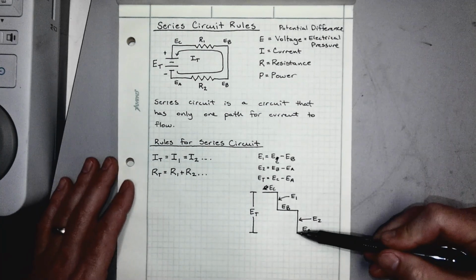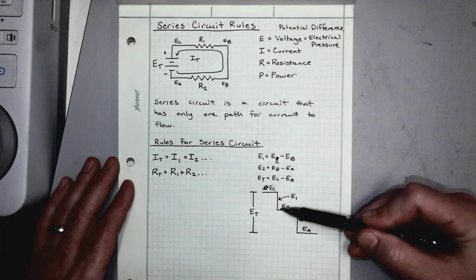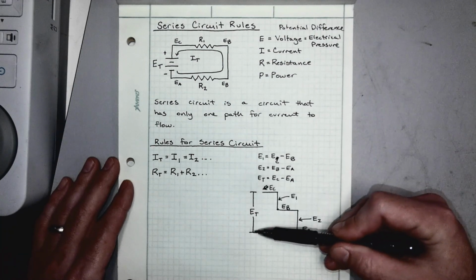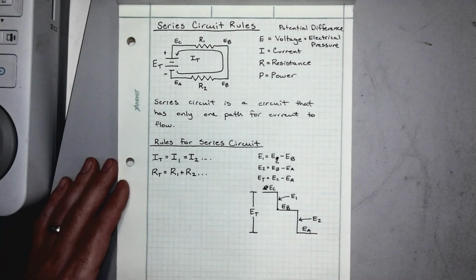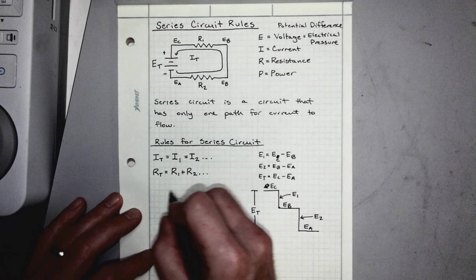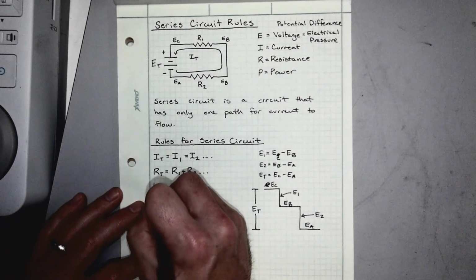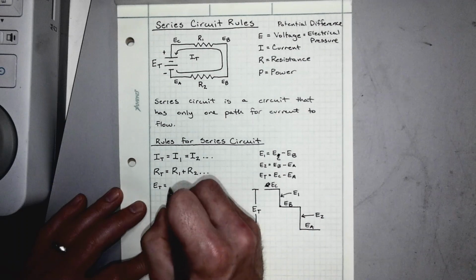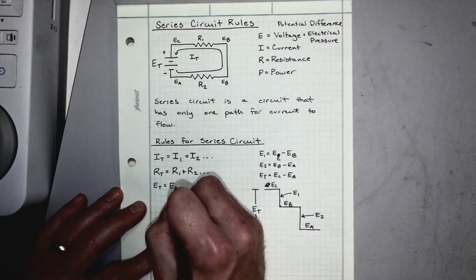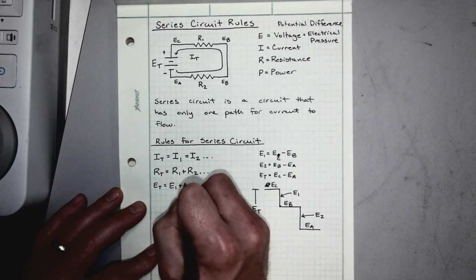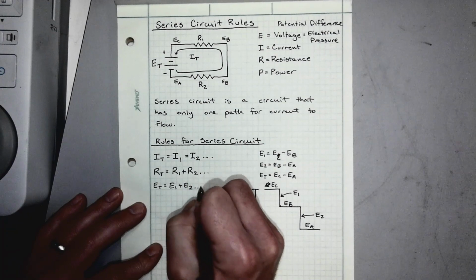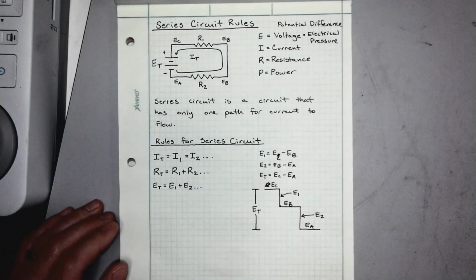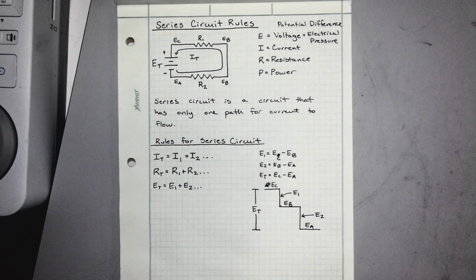And then we can see if we add E sub 2 to E sub 1, we get the total distance E sub t. And that brings us to our third rule, which is E sub t, or the total voltage, is going to be equal to E sub 1 plus E sub 2, so on and so forth, for all of the resistors that we might have in that series circuit.